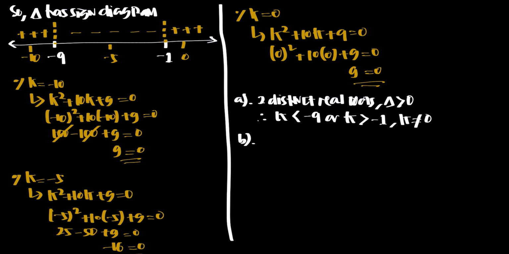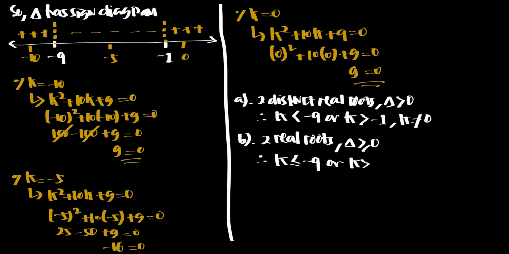And then b, two real roots. So when delta is bigger than or equal to 0, we have the range which is k smaller than or equal to -9, or k bigger than or equal to -1, and k not equal to 0.